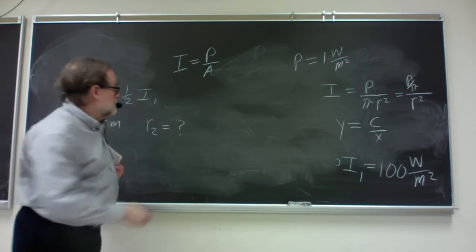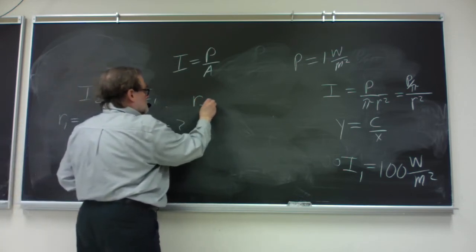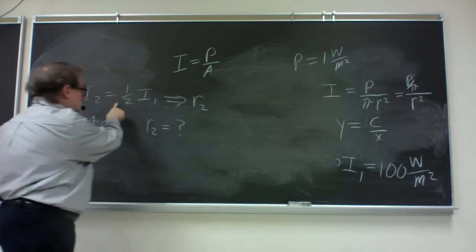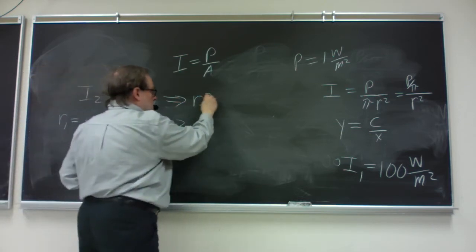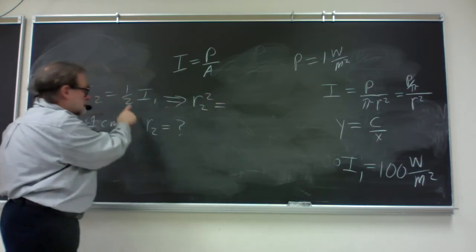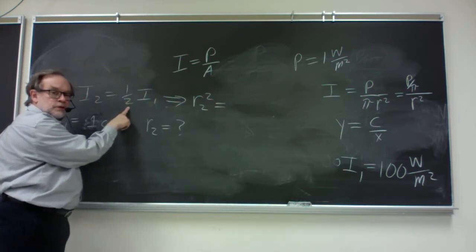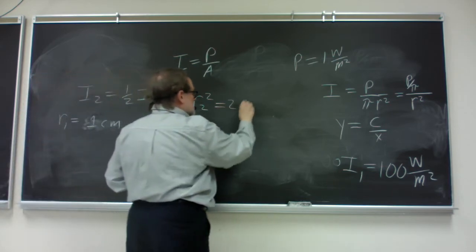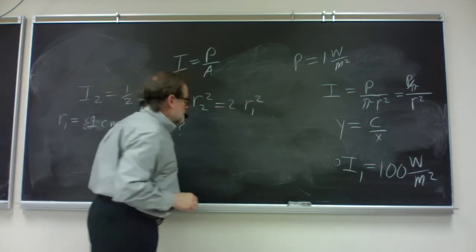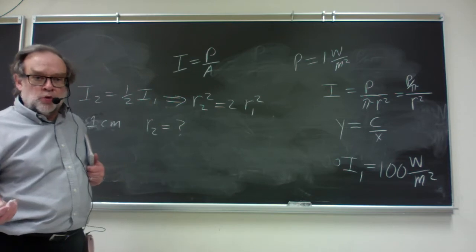R squared. So this tells us that the new R squared is just the inverse of this factor times the old R squared. So what is the new radius?